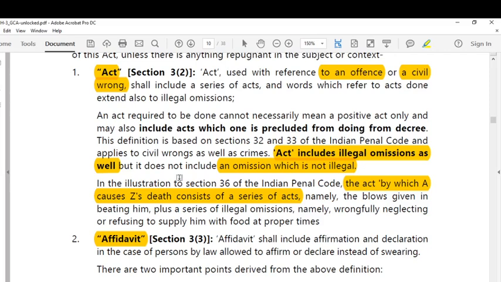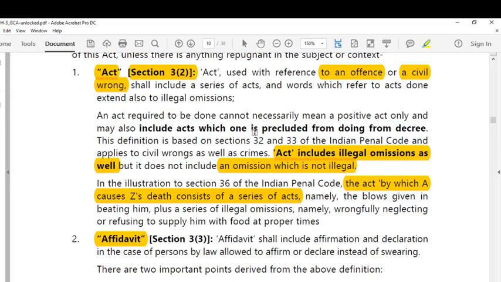This is the definition of act under section 3 subsection 2 of the General Clauses Act. So if a question comes to define the word act under the General Clauses Act, then a student is expected to write as it is given in the definitions.